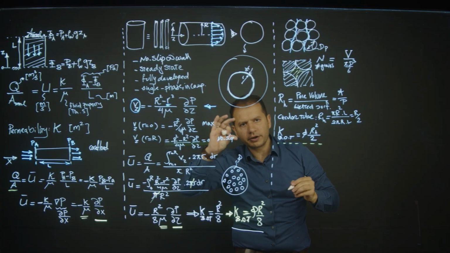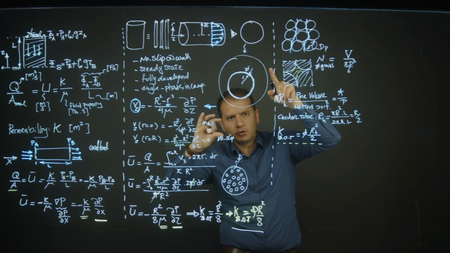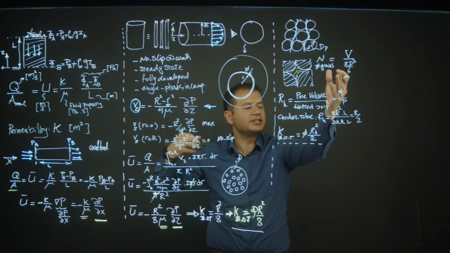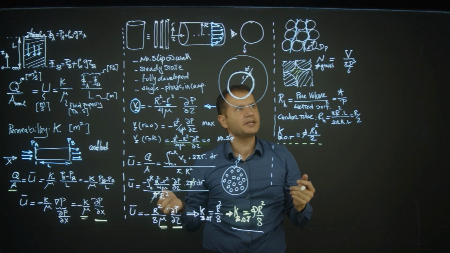That's 4 over 3 pi r cubed for those who know the volume of a sphere for radius r. For diameter, it would be diameter cubed over 6.